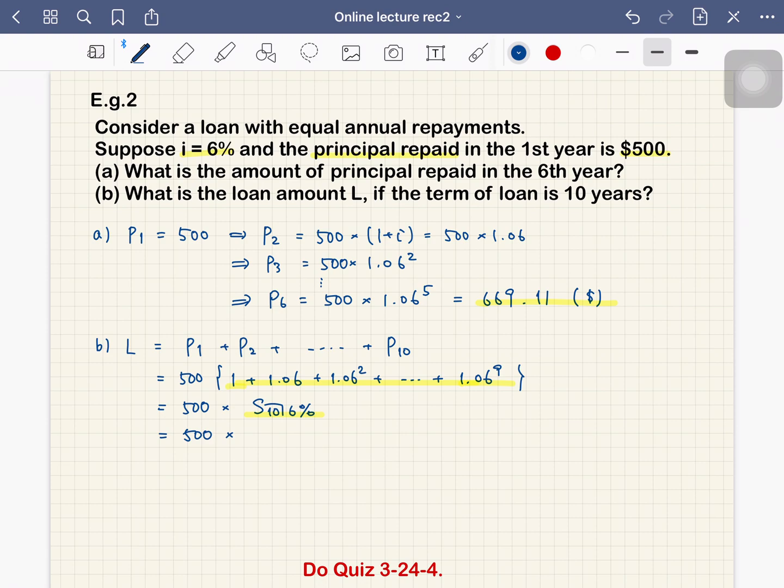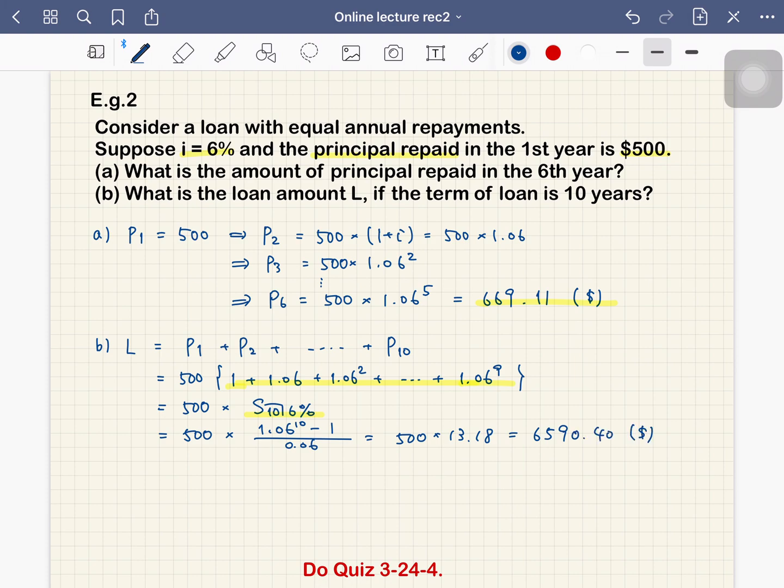So s angle 10 is (1.06 to the 10th power minus 1) divided by i. So this is equal to 500 times 13.18, which is equal to 6590.40.